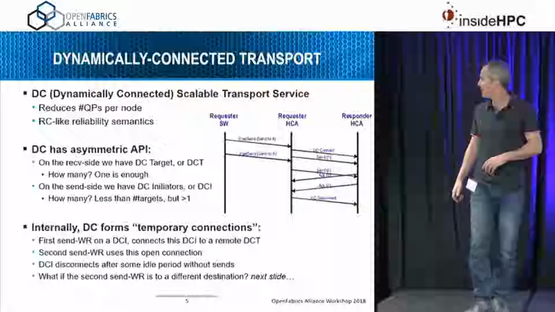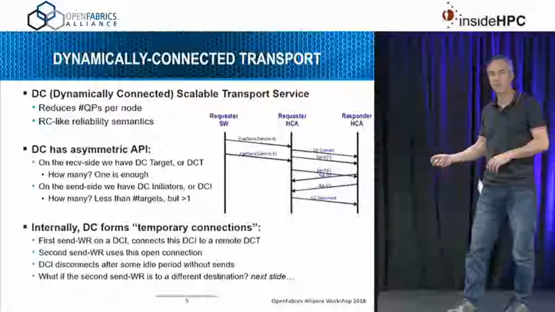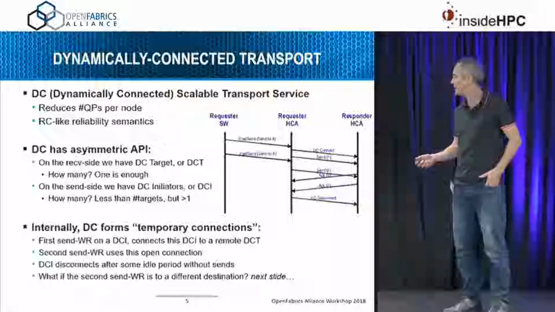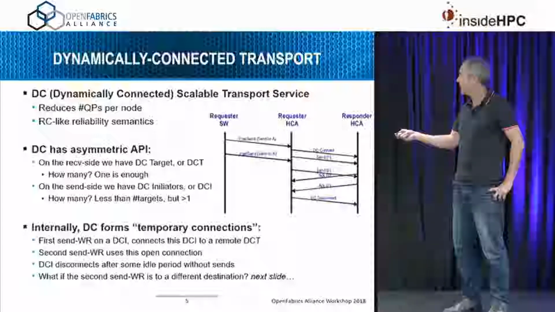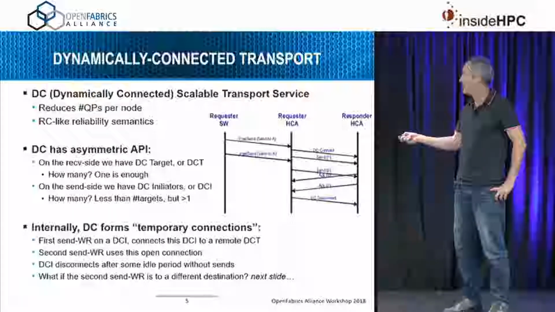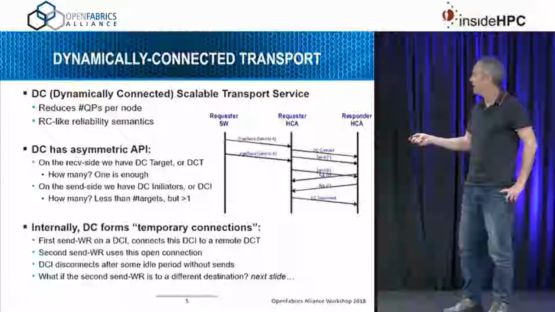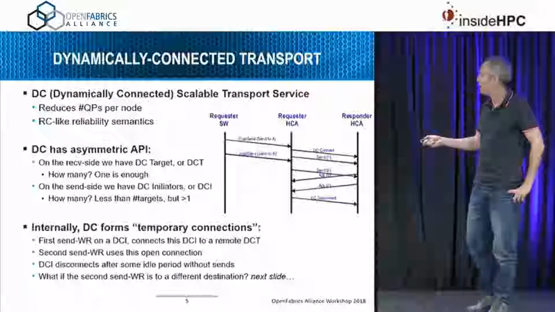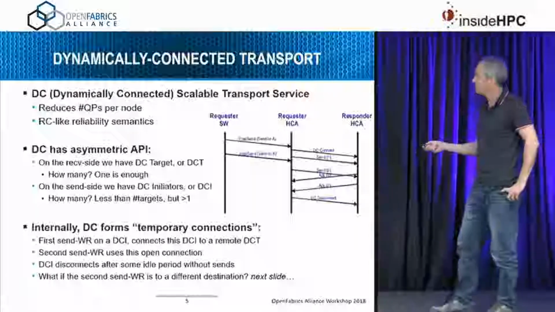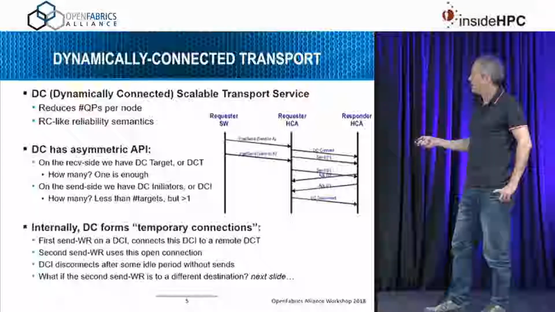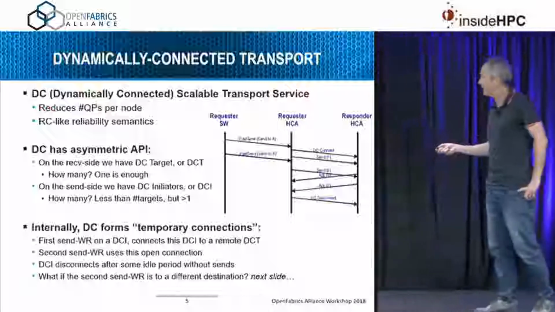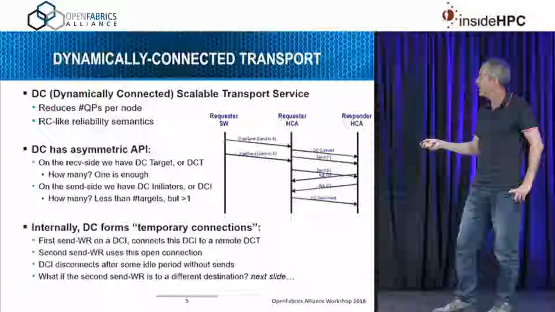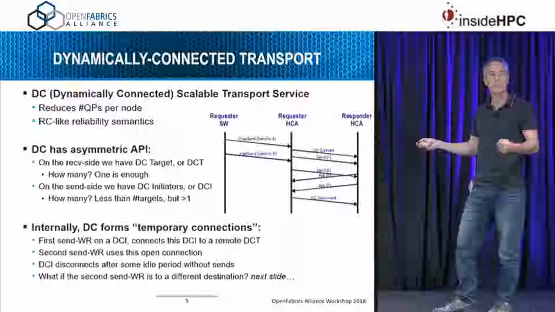So this is a high-level semantic of the connection and data path. Basically, software wants to send a message to A and then another message to A. The responder will have a target, and the sender will have an initiator, a DC initiator, posting a send message.